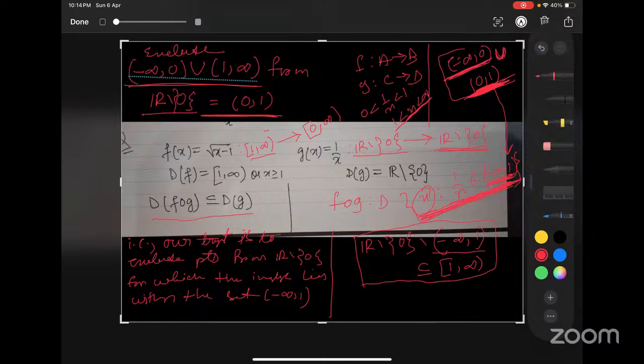Is it fine? Yes, ma'am. Any doubt, anyone? This is the domain, the domain of f compose g. Is it fine? Any doubt? No, ma'am.